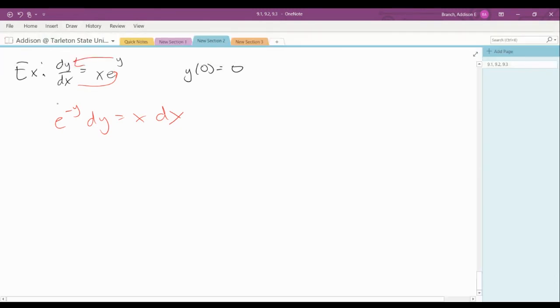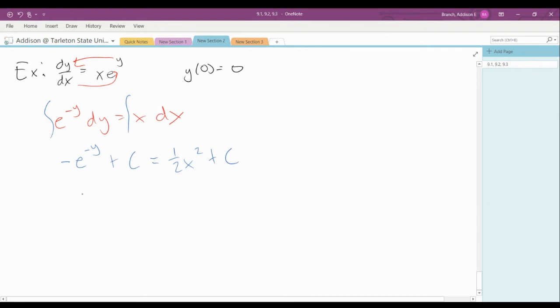We can integrate both sides. So e to the negative y, if we integrate that, we get negative e to the negative y plus c is equal to 1/2 x squared plus c.